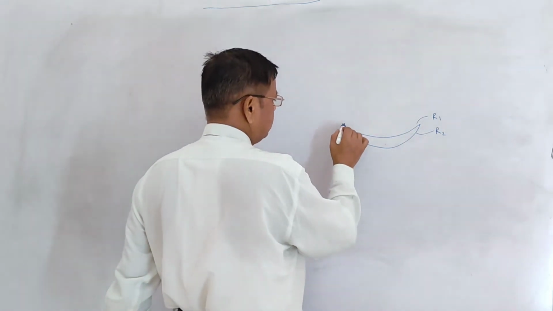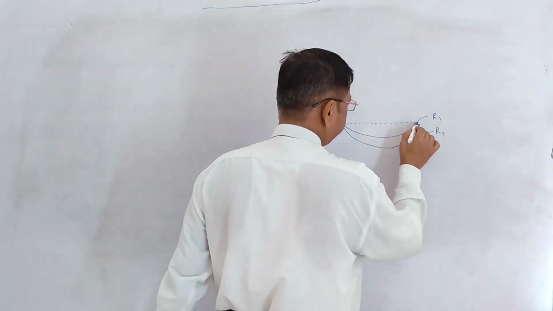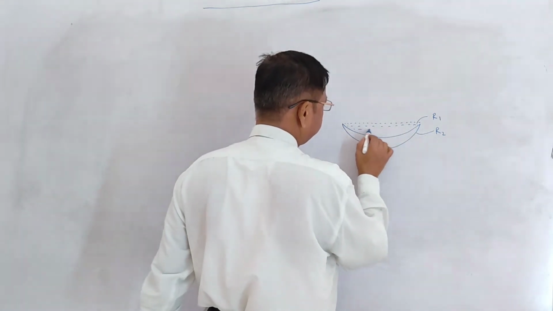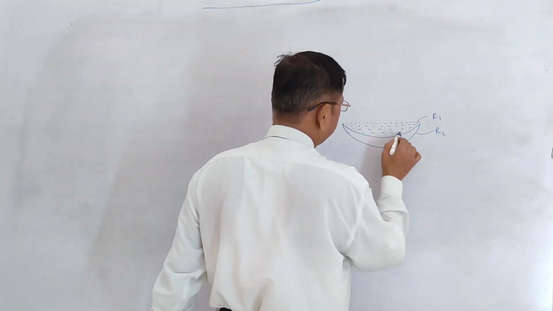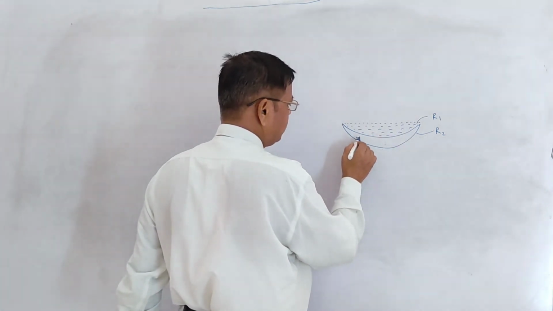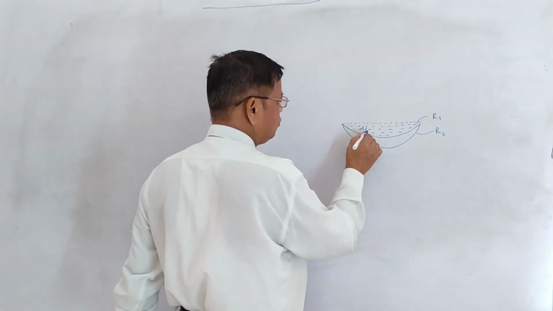If I fill water in this part, then it is a water lens, you can say, and this is suppose glass, so its refractive index is mu g, and the other is mu water.